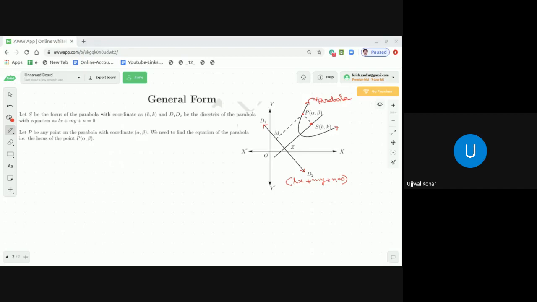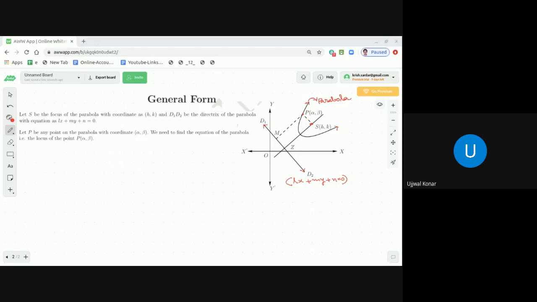What is the equation of a parabola? A parabola is a curve traced by a point such that the ratio of its distance from a fixed point, that is S, that is SP, to its distance from a fixed straight line, that is d1 d2, and the distance is PM, should be equal to 1. So SP by PM is equal to 1, correct, dear students?